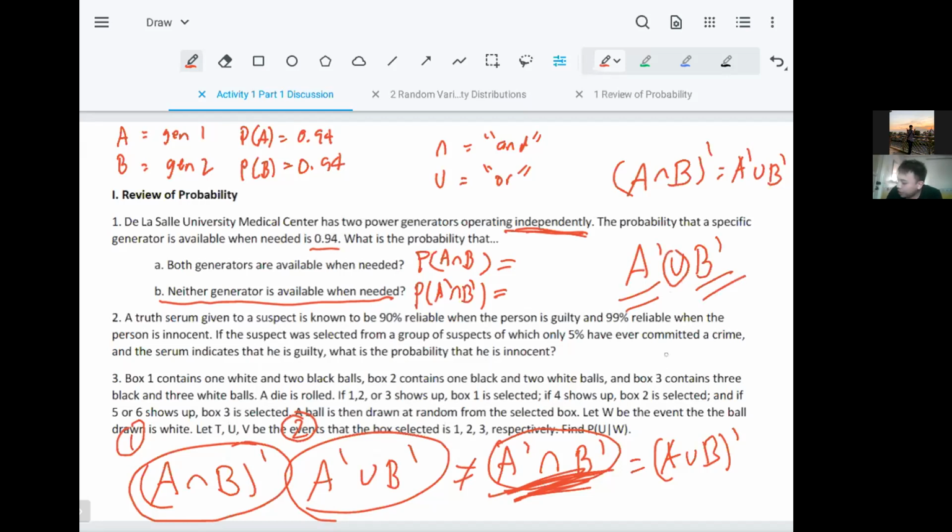Since by De Morgan's laws, equal itong dalawang to, ibig sabihin, it's every scenario besides yung both of them are available. Medyo ang labo nito. A is available alone or B is available alone. So they can't be available at the same time. These two, etong nasa taas at etong nasa baba, equal sila.